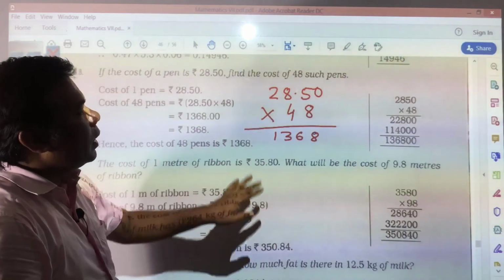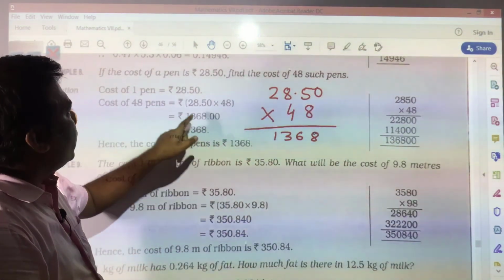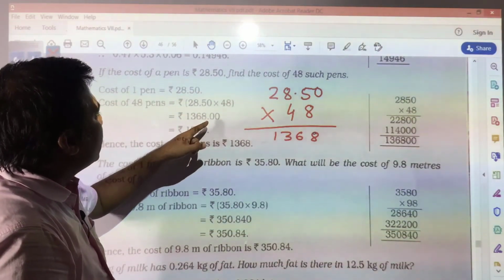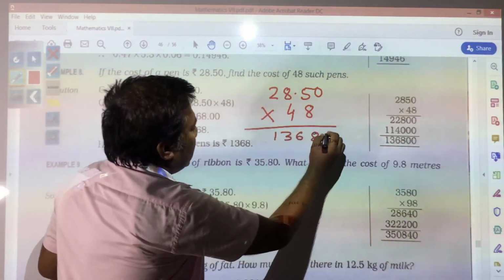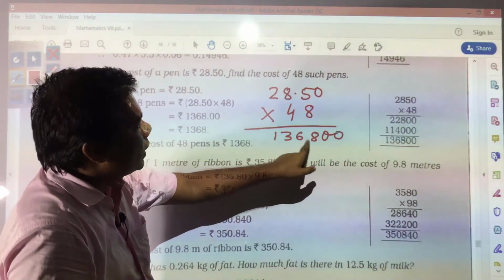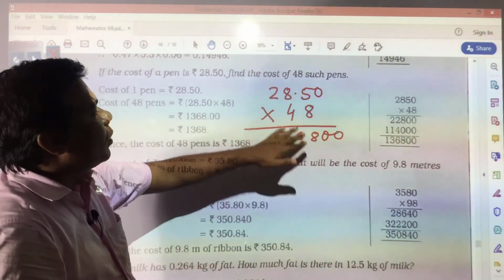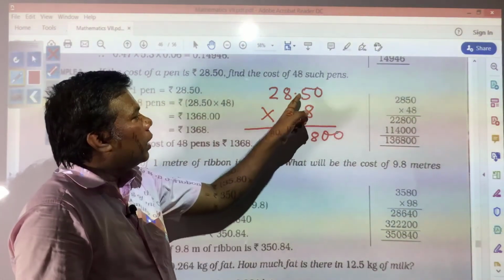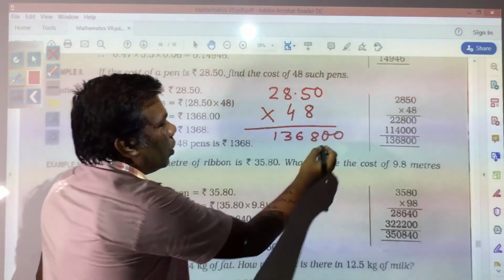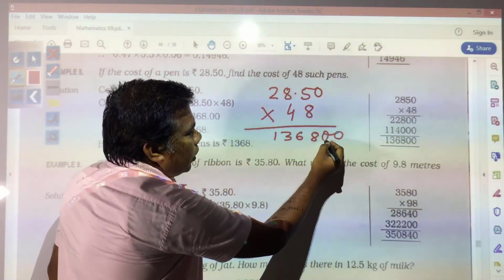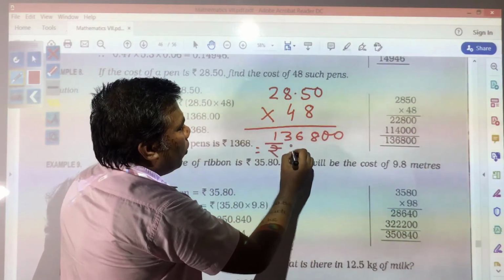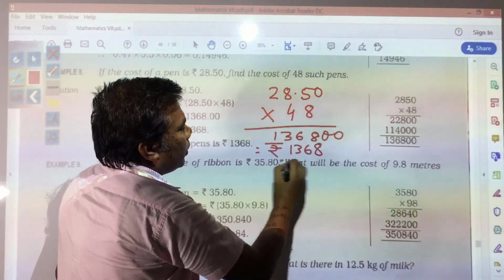Now, the decimal is required to be put. Here you see, you have multiplied this, so you have got this 00 also. So, after multiplication you have got 136800. Now, where will we put the decimal point? After the decimal how many digits do you have? 2. So, from here you count 1, 2. Here the decimal is required to be put. So, your answer will be 1368 rupees.